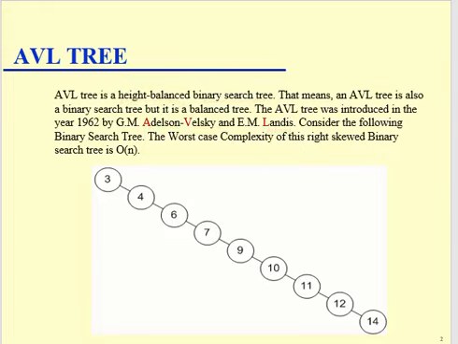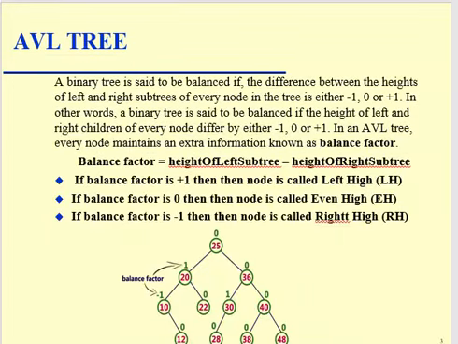Now what is the definition of that AVL tree? You take any binary search tree. You can say that it is balanced if the difference between the height of the left and the height of the right subtree is either 0, -1, or +1.